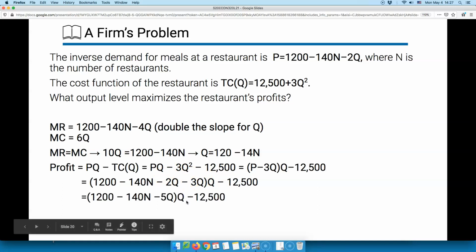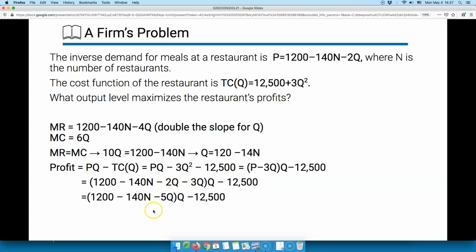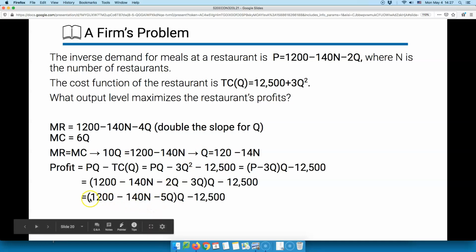And another thing that I'd like you to notice is that what is left of the price, this 1200 minus 140n, looks like a multiple of quantity itself as well. And so I'm going to pull out 10, and what's left is 120 minus 14n, which is exactly the quantity.